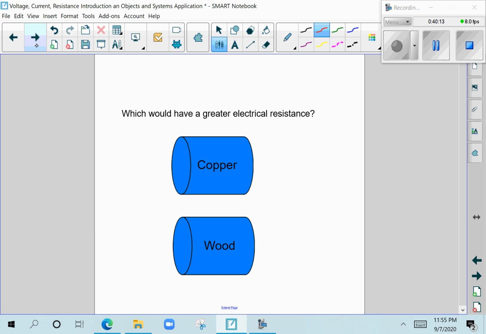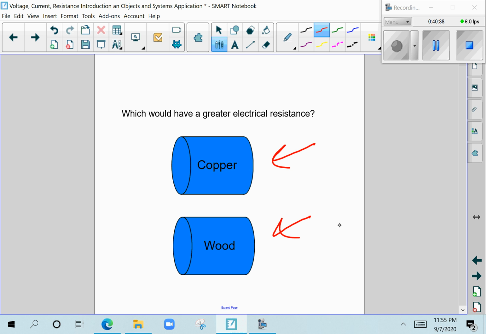If I wanted to understand which object would have a higher resistance or make it harder for electricity to flow through, one of the things I'd have to compare is the type of material it's made of. So example, simple question, which would be harder for electricity to travel through? This piece of copper or this piece of wood, given that they are the same width and the same length.